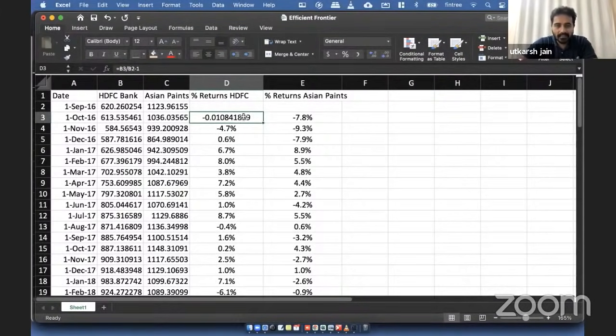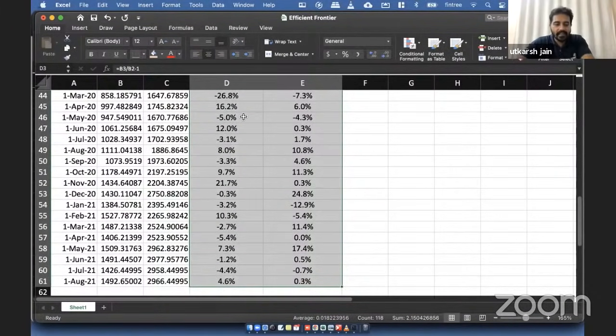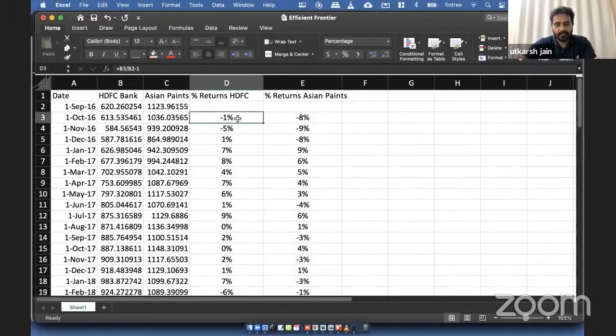Select the entire data that you want to convert to percentage, and press Control Shift and the percentage button, so that it converts that to percentage. And how do you extrapolate the formula? Just do Control C, Control V. It's not an Excel class, but in case anyone is curious about doing this in Excel, you'd know how to do it.